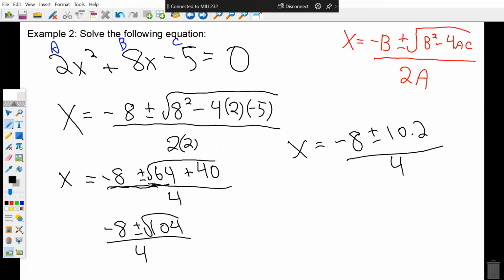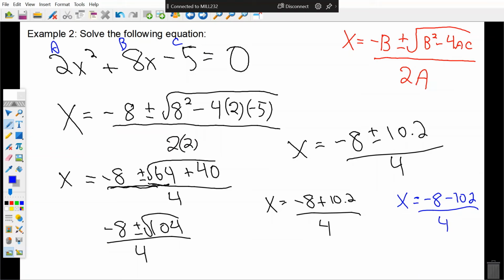Now I can solve both of these individually. -8 plus 10.2 over 4, and x equals -8 minus 10.2 over 4.